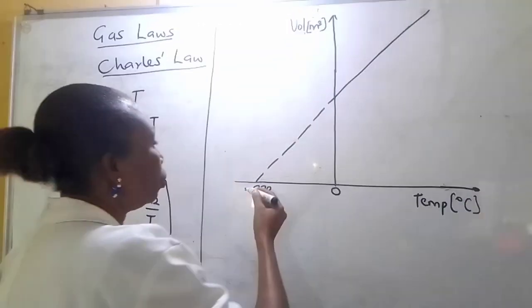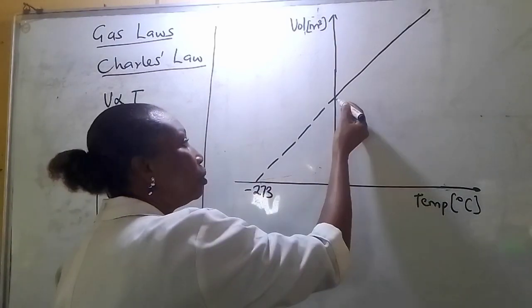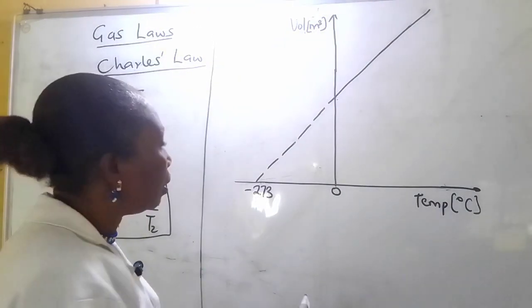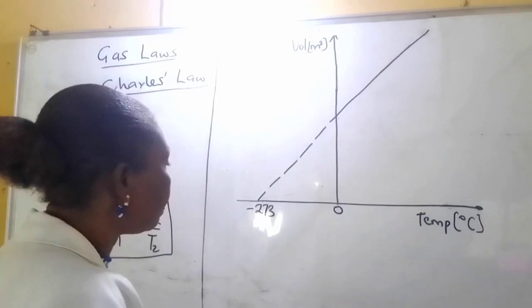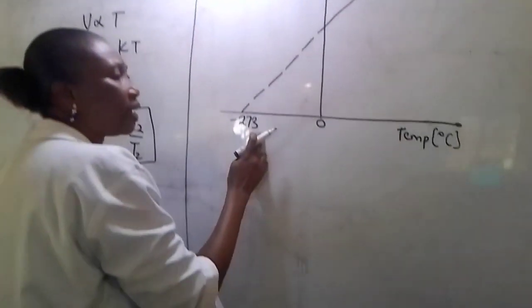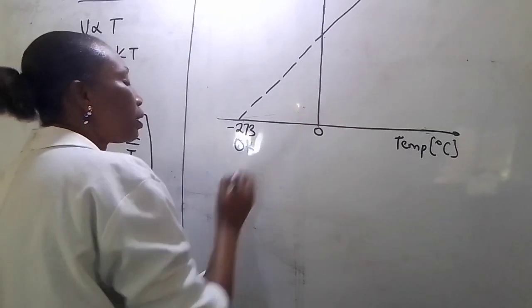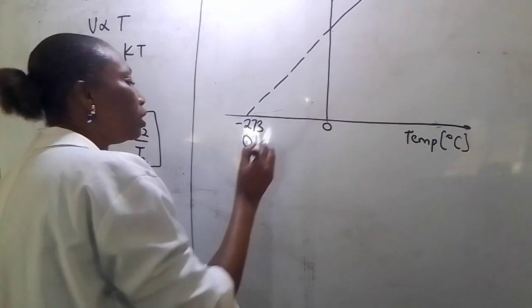With a dotted line, you connect the x-axis to the y-axis and then move with a straight line without the dotted line. So minus 273 degrees centigrade is equivalent to 0 Kelvin. The absolute temperature is 0 Kelvin.